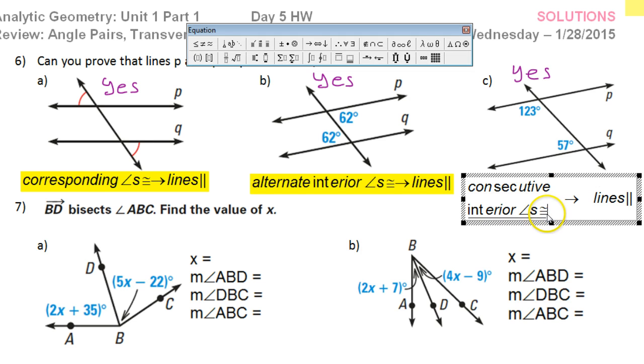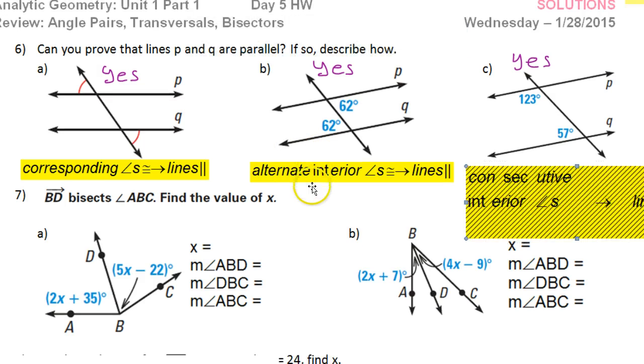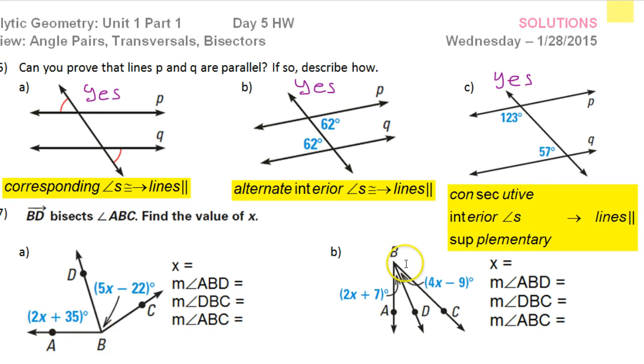I just said I wasn't going to say that, and I did. What am I supposed to say instead of congruent? Supplementary. Okay, so that's a little better. Consecutive interior angles supplementary implies lines parallel.